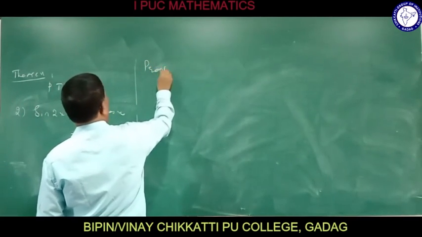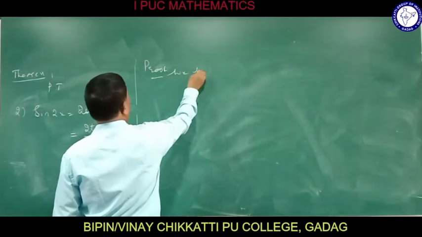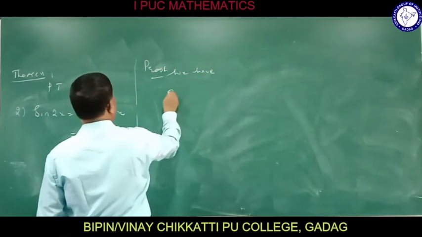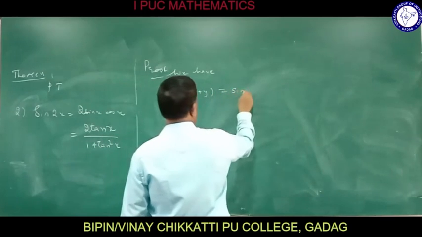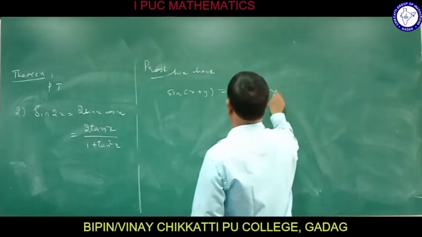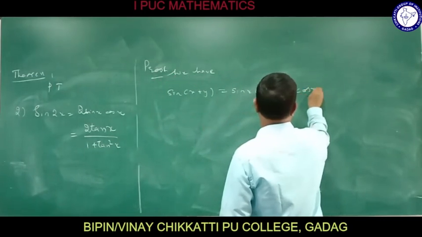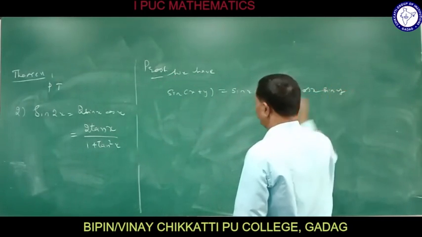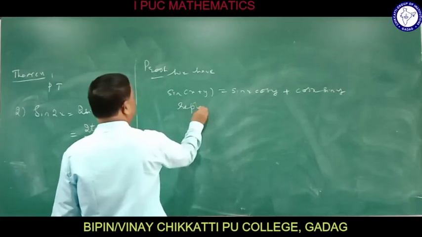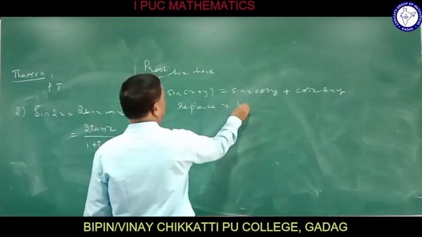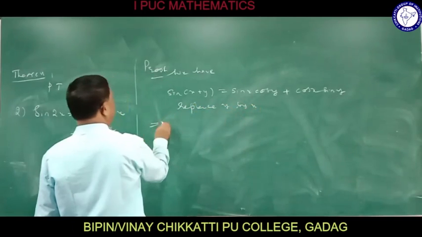Look at this. We have one formula, sine of x plus y is sin x cos y plus cos x sin y. This is a formula that we have proved. Now here I write, replace y by x, then what do we get?